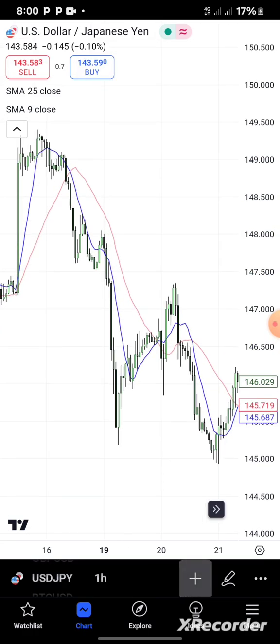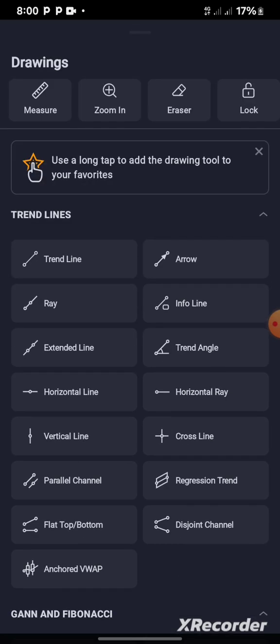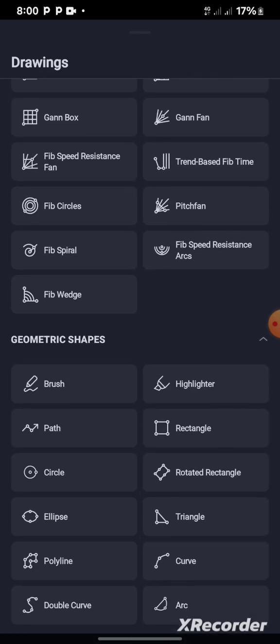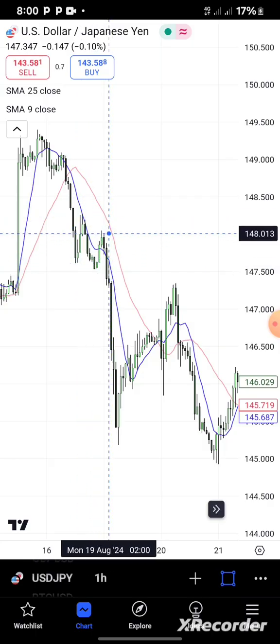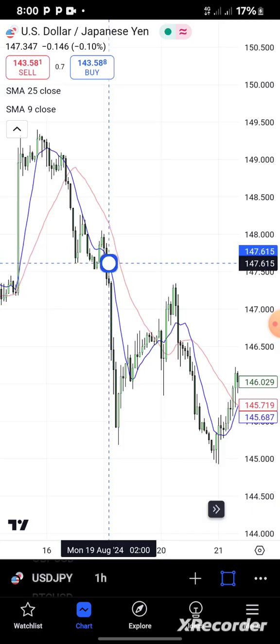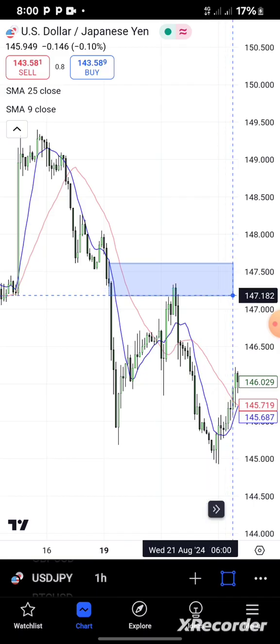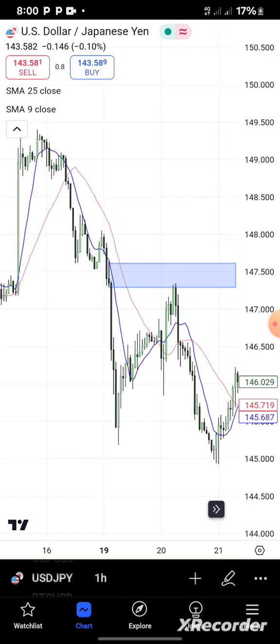Now you see there is a supply zone here, a consolidation here, there is a consolidation here, then this doji candle. We mark this doji candle like this, smooth trade.